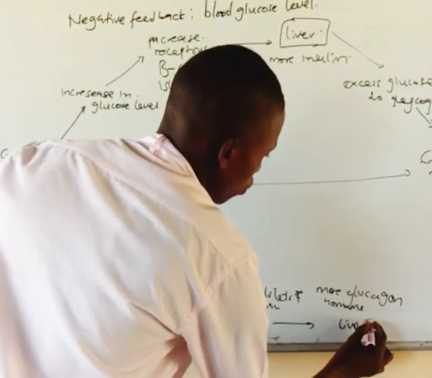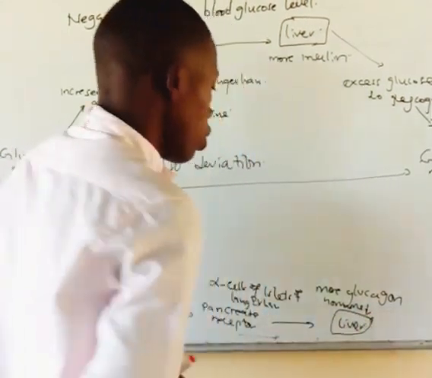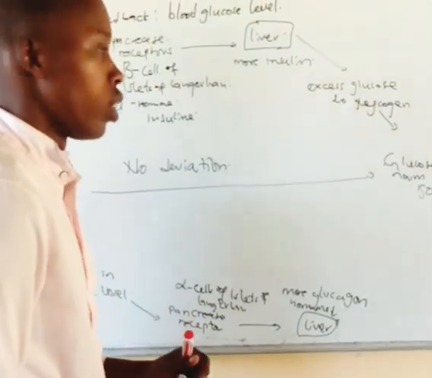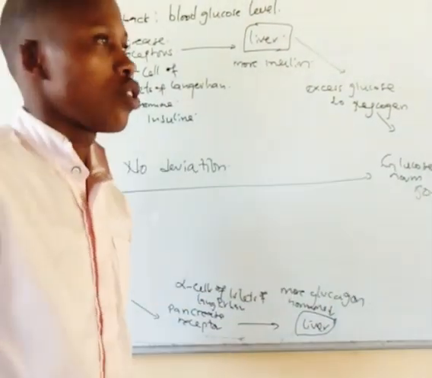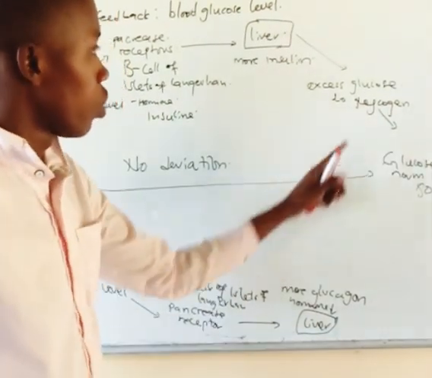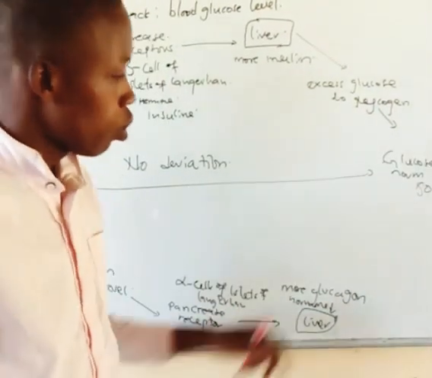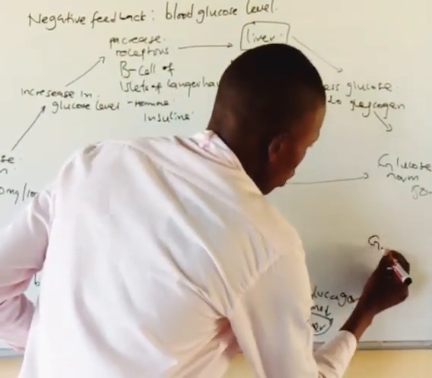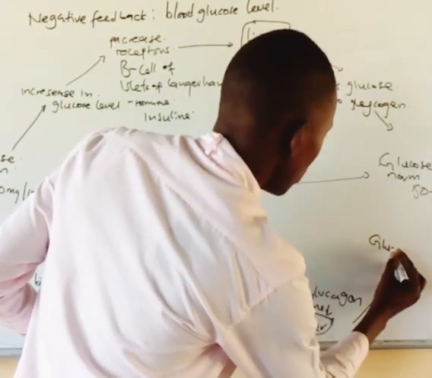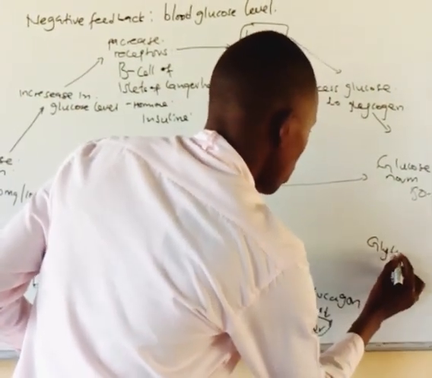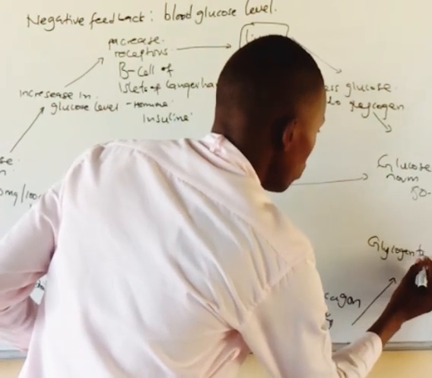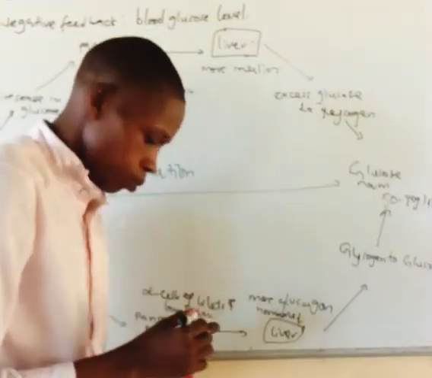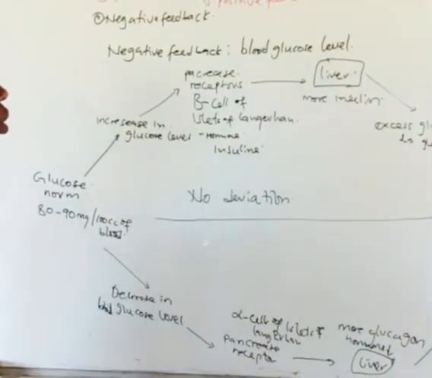This glucagon hormone moves to the liver and converts the stored glucose, in the form of glycogen, to glucose, hence restoring the blood glucose level to the norm.